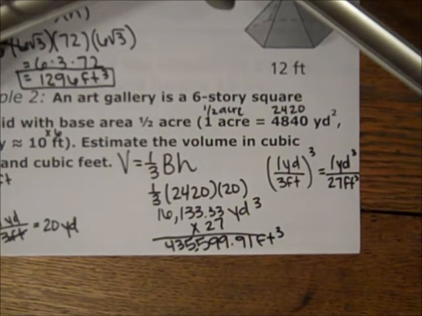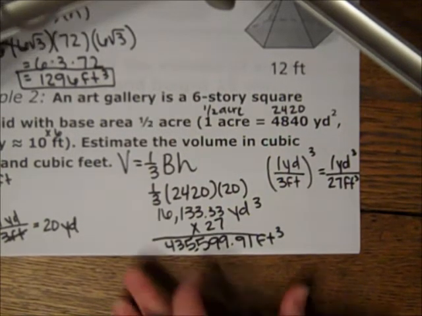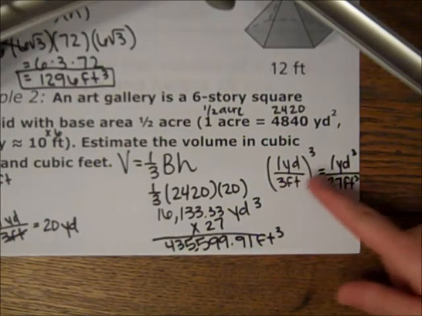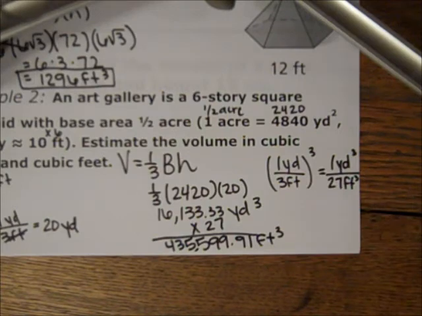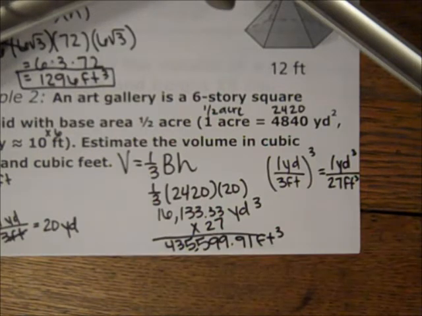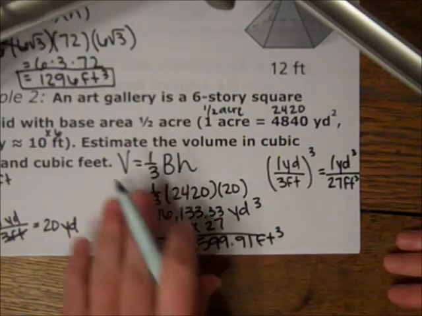Okay, this is exactly why on the chapter 9 test where we had that tile problem I told you to convert first, because I didn't want you to miss this property. So we're still doing our scale factor cubed when we're going from our yards cubed to feet cubed conversion. So that is a lot of cubic feet.